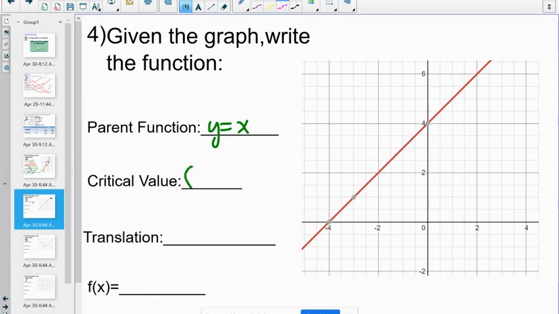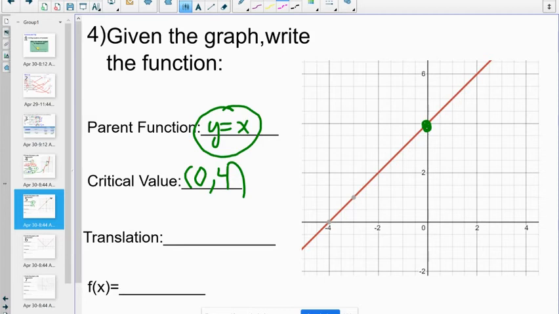So it's at that 0, 4, so it's this point right here. This one is kind of tricky because you can rewrite this in multiple different ways, but in this example, we're just going to refer to the y-intercept as our critical value, because it doesn't really change direction at all.